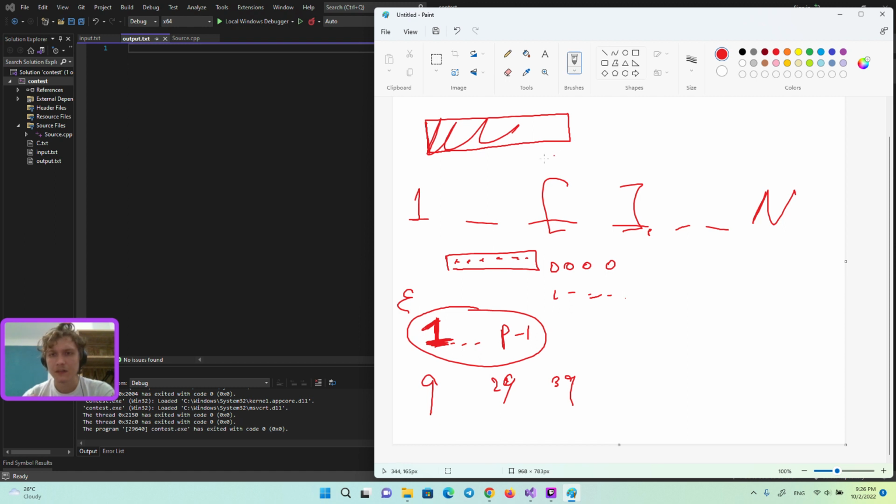So all numbers from L to R. What do I do if I want to find them all? I cannot, or I can.